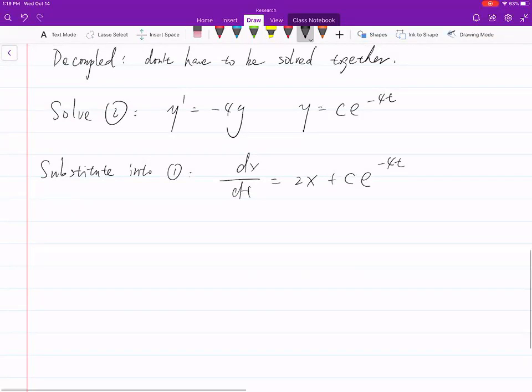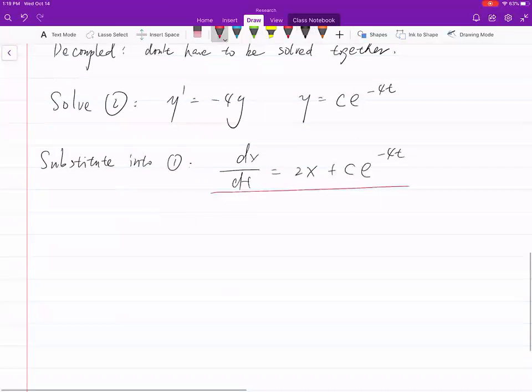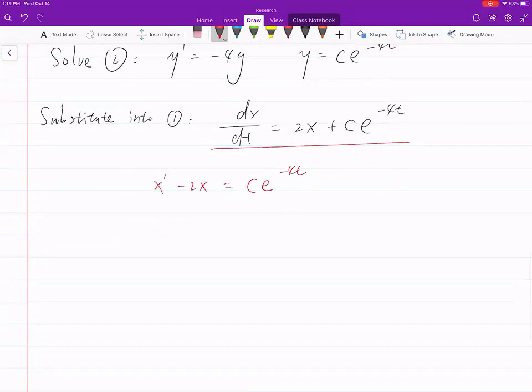We're not going to bother to solve this one, but you can see this one can be written as x prime minus 2x equals C e to the negative 4t. This is exactly an integrating factor problem. Okay, so you can solve it by yourself.